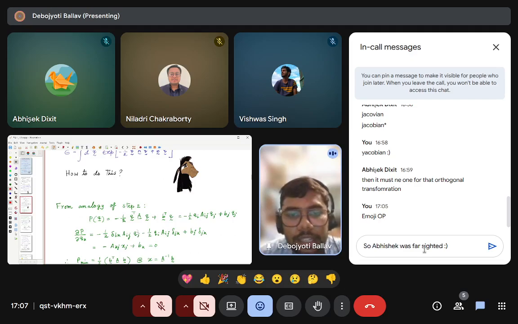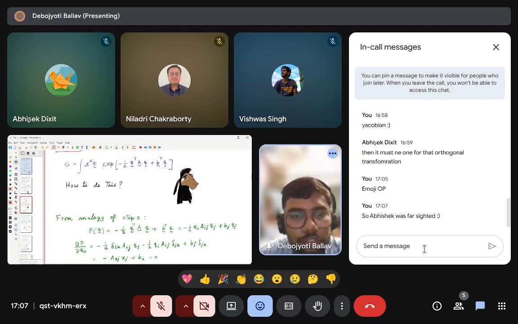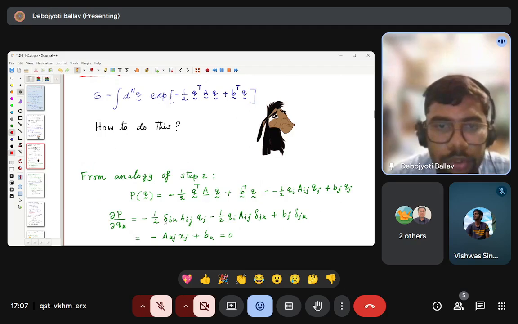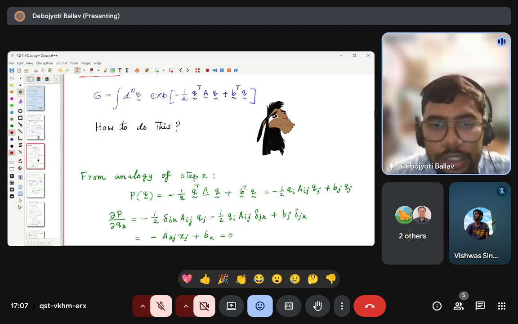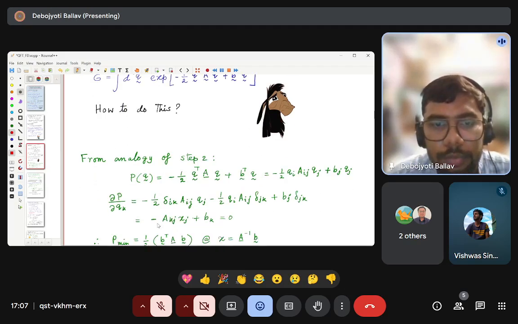Now I'll take the maxima, so I'll take a derivative with respect to qk of this quantity. Now this is qi and this is qk, so this will give me a Kronecker delta. Similarly, this is qj and qk will give me a Kronecker delta, and here is also a delta jk. So at the end, you will get minus akj xj plus bk.